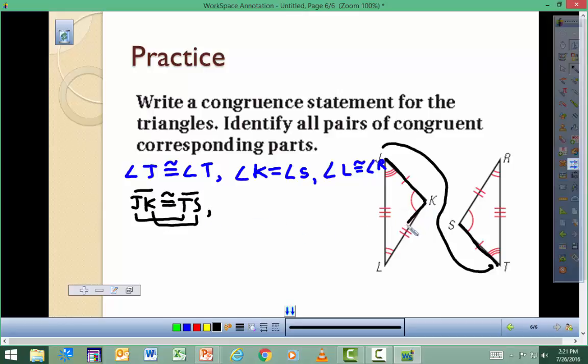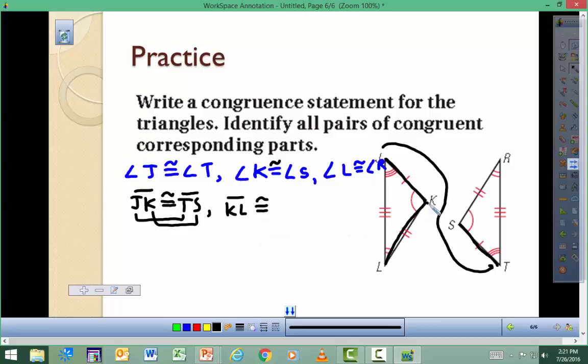The next segment I'm going to talk about is this one, KL. KL matches up with which segment? So the congruent symbol.